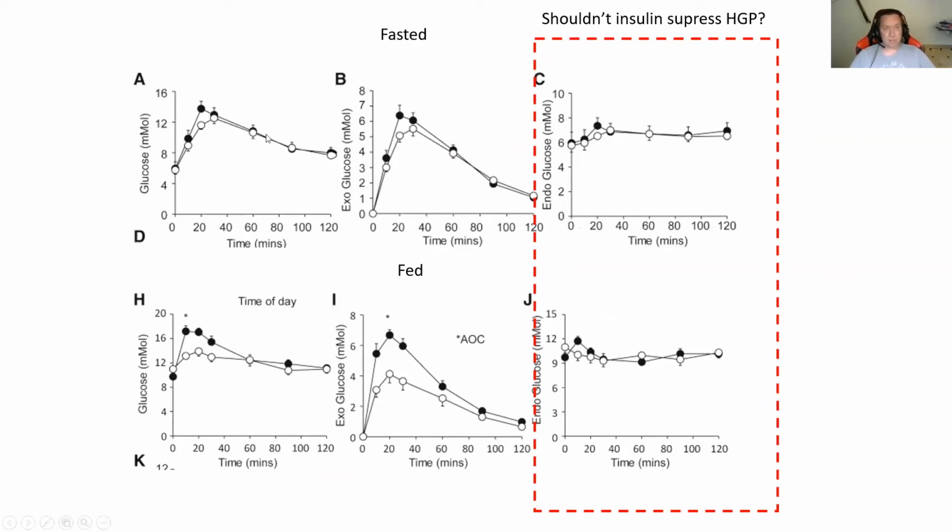We get a nice normal glucose tolerance test. And then we also can therefore, because it's stable, separate the exogenous glucose that's been injected, and also the endogenous glucose, the mouse's own glucose.